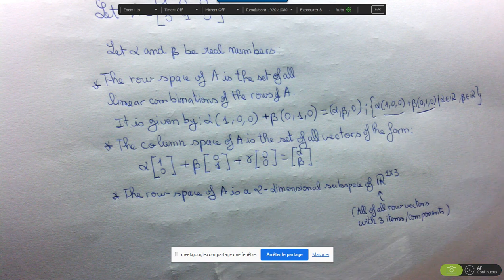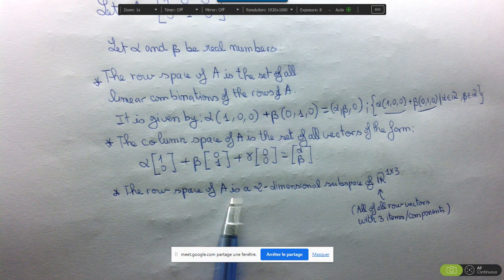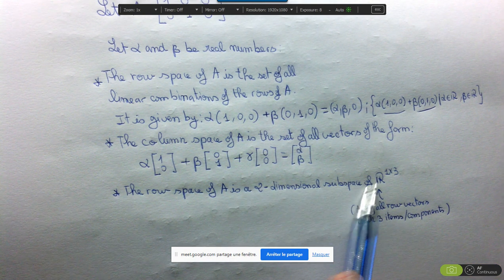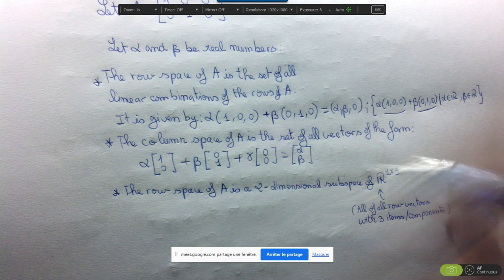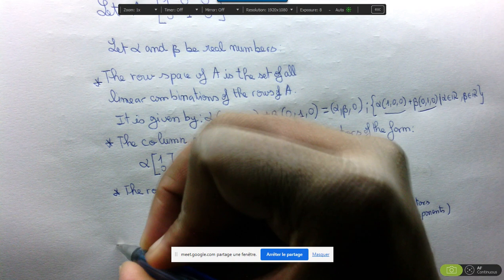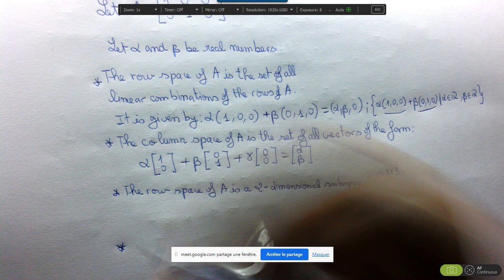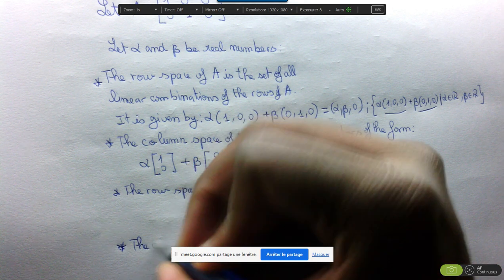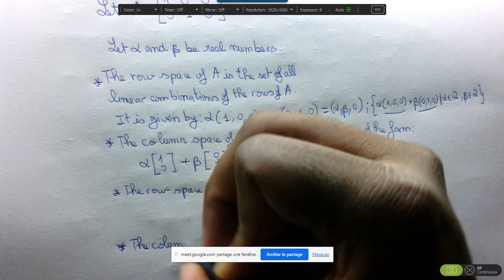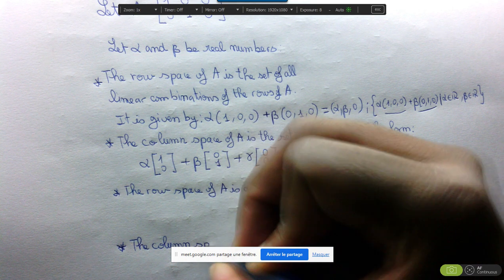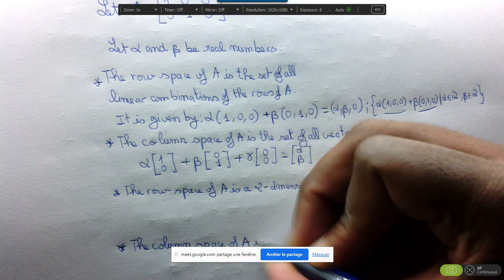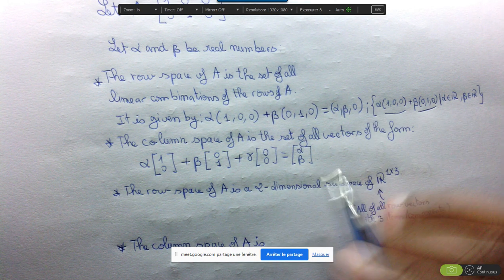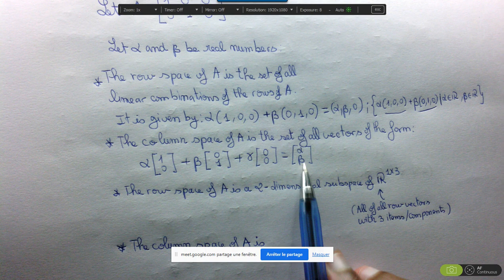So the row space of A is a two-dimensional subspace of R^(1 by 3), and the column space of A is R2.